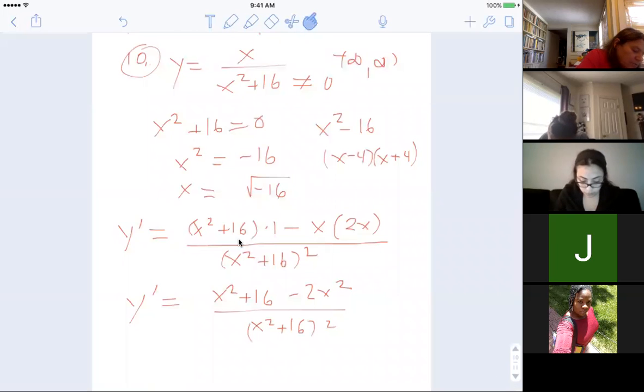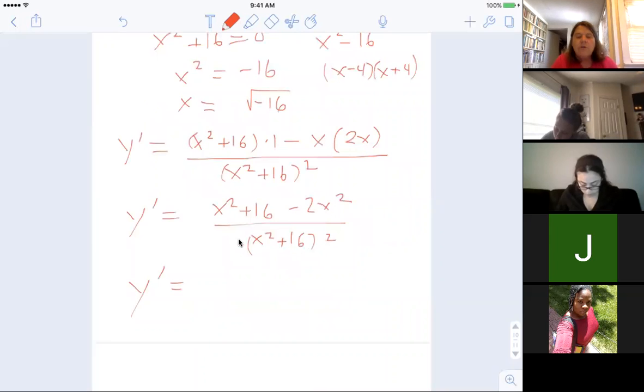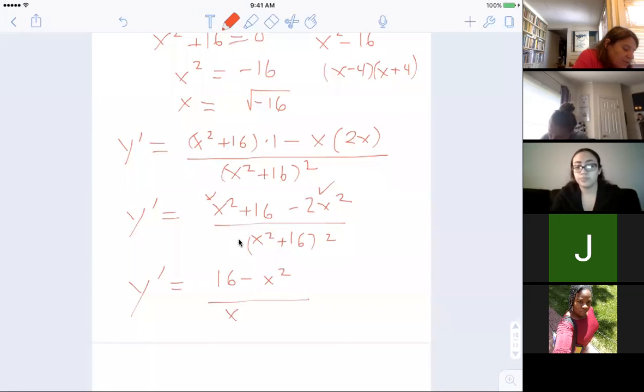This will simplify a little further because you can combine x squared and minus 2x squared. What is x squared minus 2x squared? I'm going to combine this and this. What is that? Negative x squared. Yeah. So I get 16 minus x squared over x squared plus 16 squared.